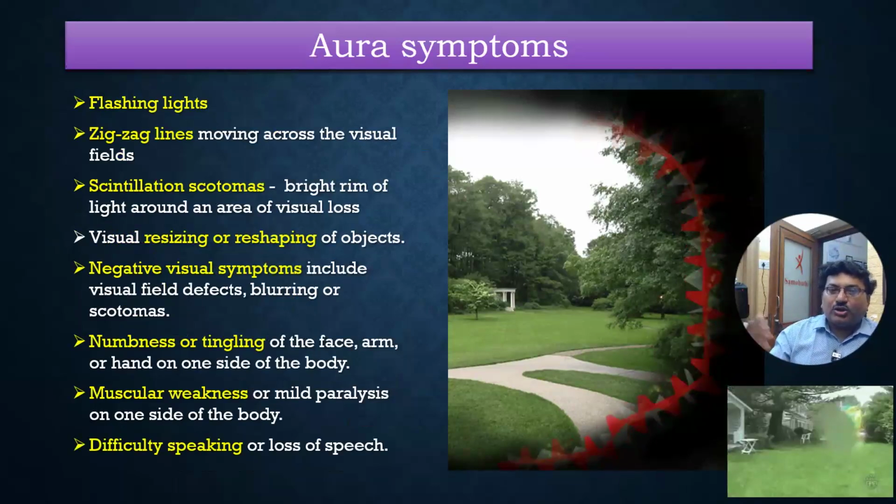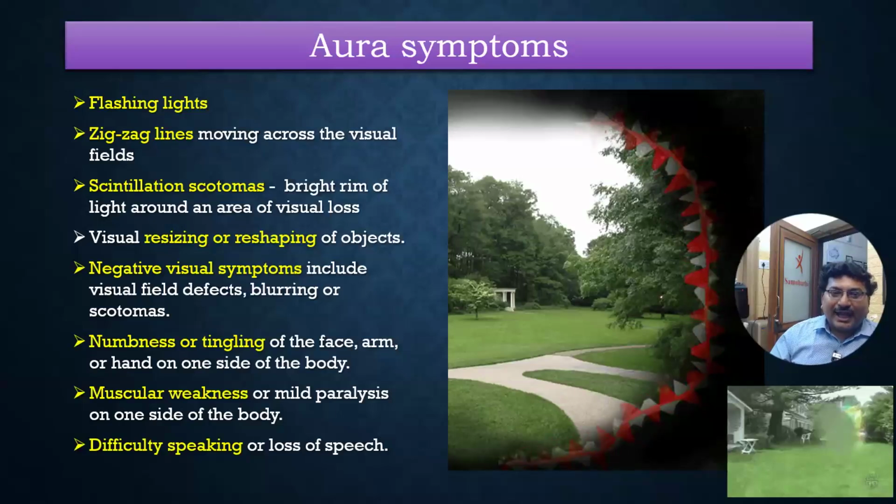But remember, not in all cases it will be the same. So what are the aura symptoms? Common aura symptoms are, like the patient was saying, the flashing light, zigzag lines moving across the visual fields. Then scintillation, scotomas, bright gleam of light around an area of visual loss. Then visual resizing or reshaping of the object.